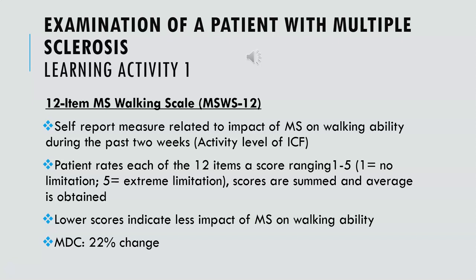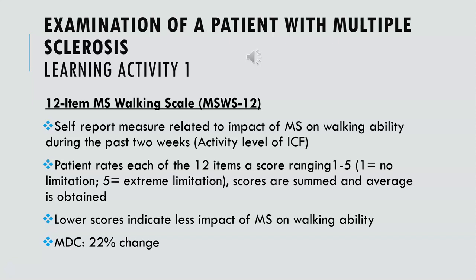There's 12 items that the patient will assess, and we'll look more closely at that in the next slide. And they're going to provide a score for themselves ranging anywhere from 1 to 5. 1 is determined that their function hasn't been impacted at all as it relates to that criteria, and a rating of a 5 would stand for extreme limitation.